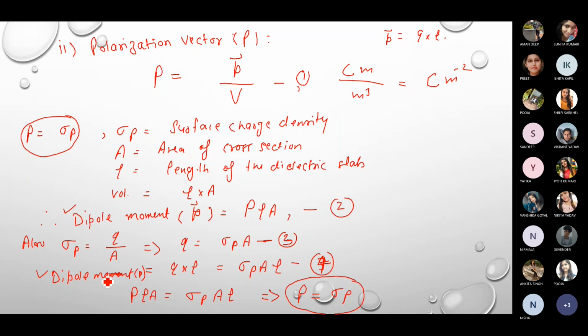So it means that polarization vector P depends upon the induced surface density, right? Any doubt here, students? No, ma'am. Okay.